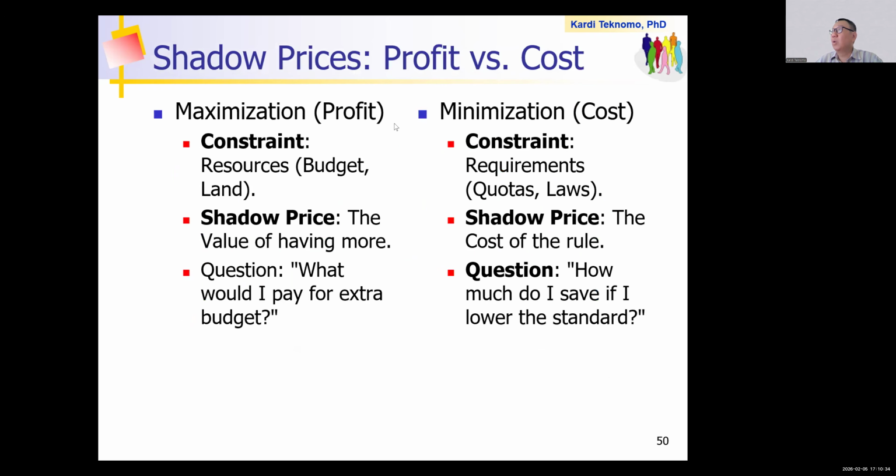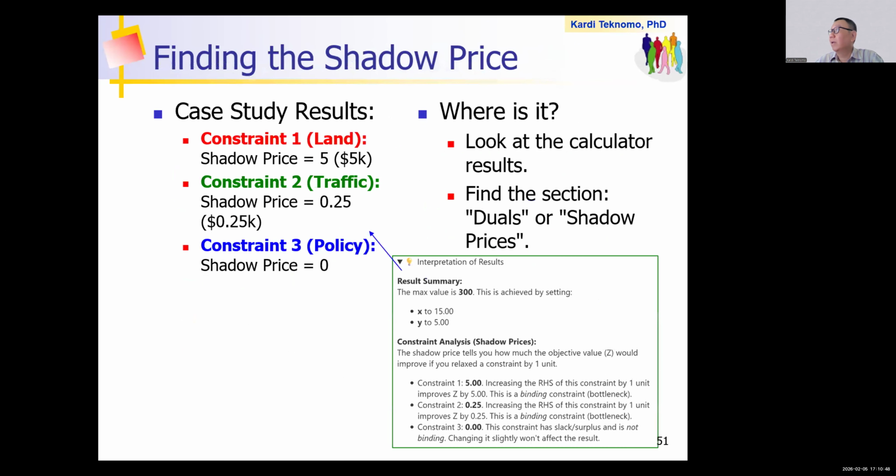Based on the dual, you will be able to ask how much saving you can get if you can do something based on the resources that you have here, either the budget or the land or traffic. So this is the example. You have 3 constraints here.